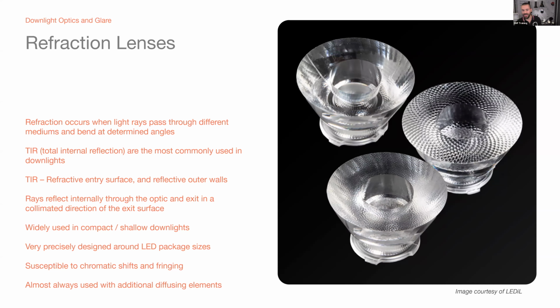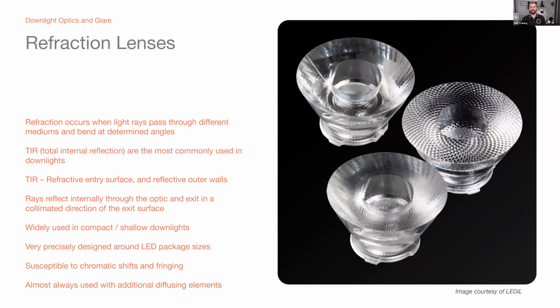So refraction is another principle in optics, where when light rays pass through a medium or a different medium, whether they're going through air and then into plastic, let's say, or glass, light is going to bend at a predetermined angle. So based on something called Snell's law, which determines angles of refraction, light, as it passes through those mediums, changes its direction, and then as it passes out of that surface, it changes direction again.